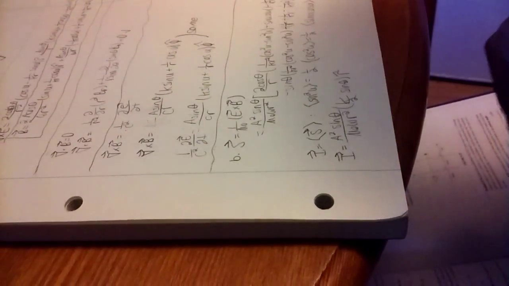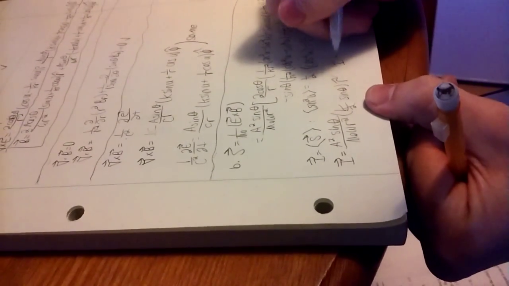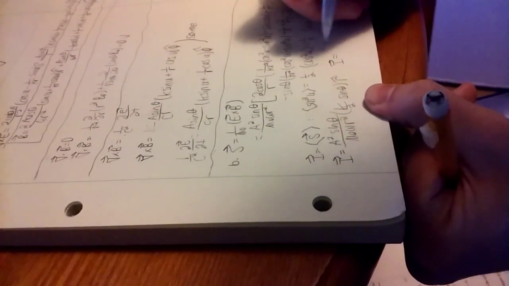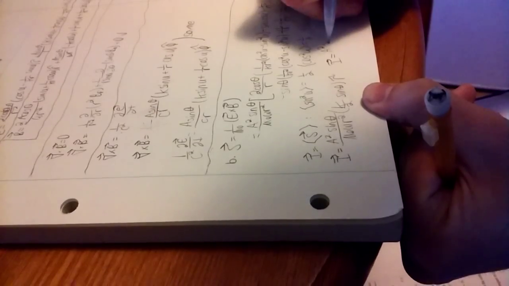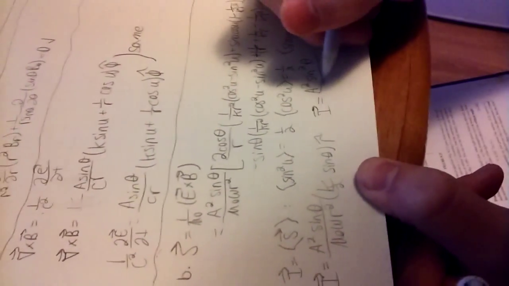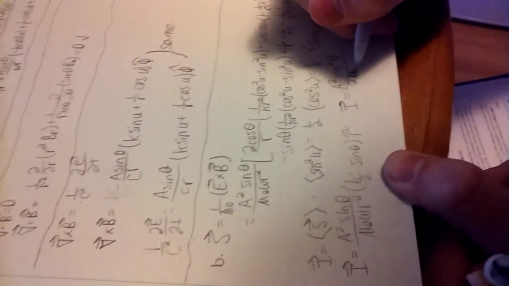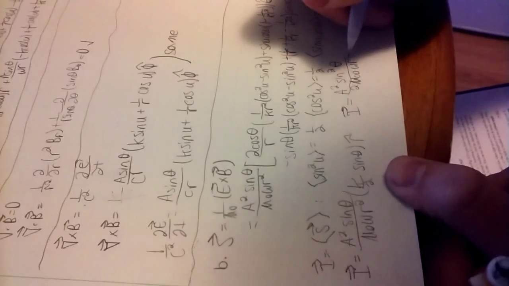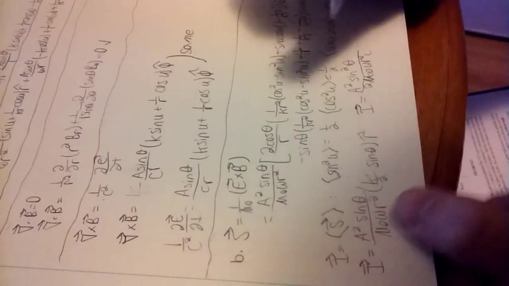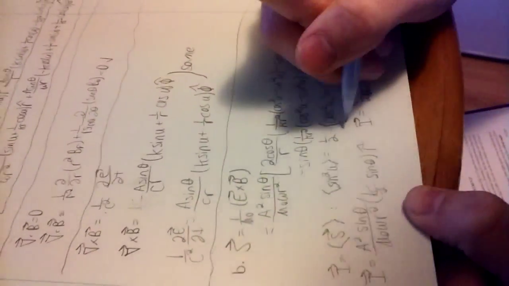Or for the final answer for part B, I equals a squared sine squared theta over 2 mu naught omega r squared c, since omega over k, or k over omega, is 1 over c, in the r hat direction.